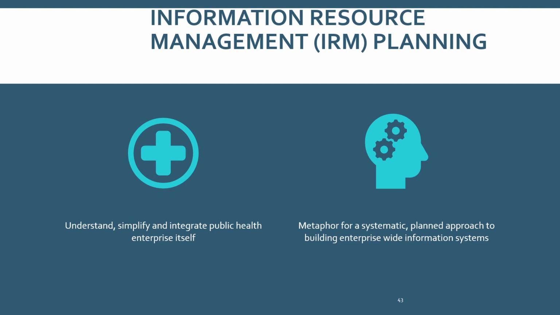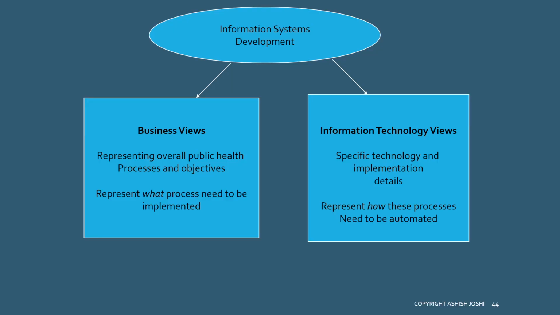Also, when we talk about creating a solution, another framework that we can use is the Information Resource Management Planning, or the IRM. This understands, simplifies, and integrates the public health enterprise itself. And it has a metaphor for a systemic planning approach to building an enterprise-wide information system.